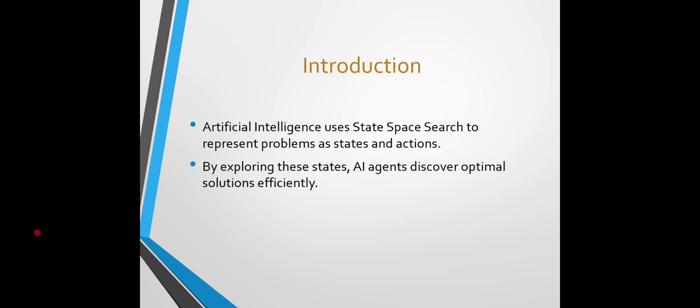At its core, AI uses state space search to translate real world problems into a formal model it can process. We break a problem down into states, which are snapshots of the situation, and actions, which are the legal moves that change the state. Think of planning a delivery route. Your current location is the state, and driving to the next stop is the action.